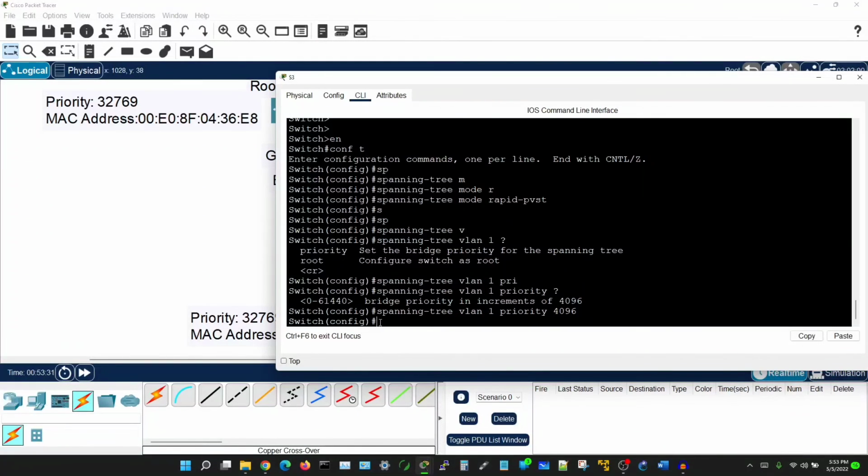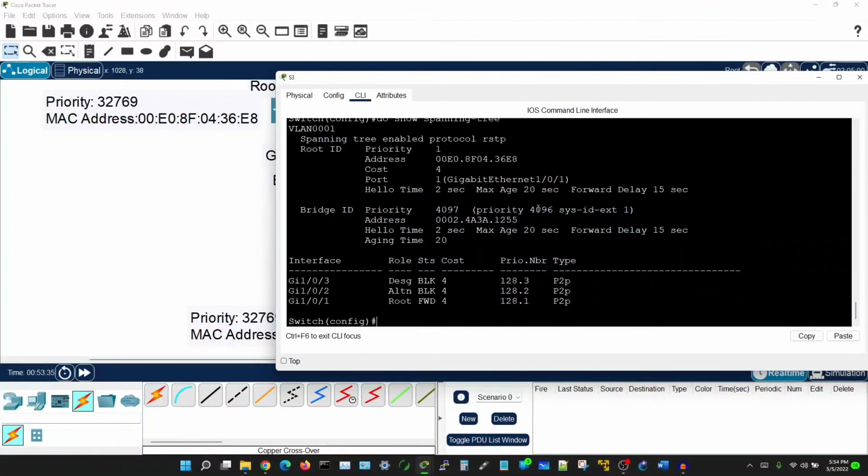How about the one that used to be the root? Where we at? Oh, now I have a priority of 1, but guess what? I am not the root. Okay, priority because of the VLAN. But look at this, spanning tree enabled, rapid spanning tree. And now my port has changed because I'm no longer the root.